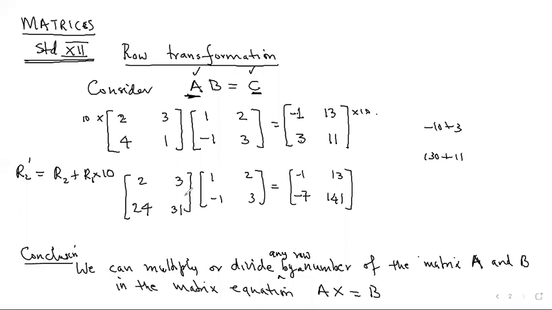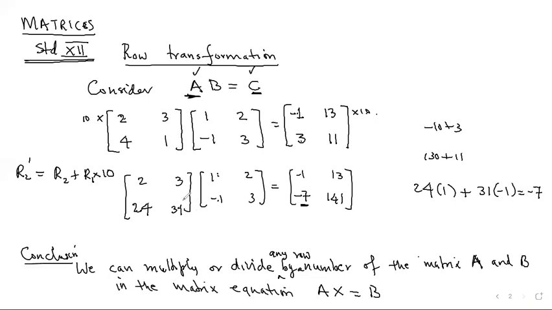Now we'll check whether they both are equal or not. Look at this. We don't have to check the first row because it does not change at all. We need to only check whether this is correct or wrong. 24 into 1 plus 31 into minus 1. Do you understand? 24 with this and 31 with this. Am I getting minus 7?